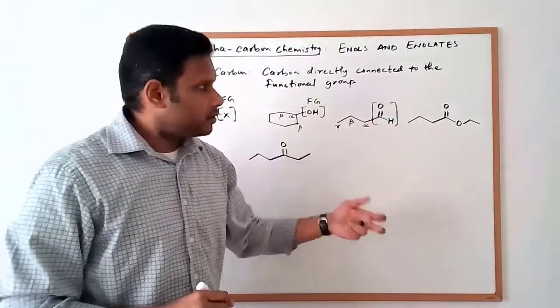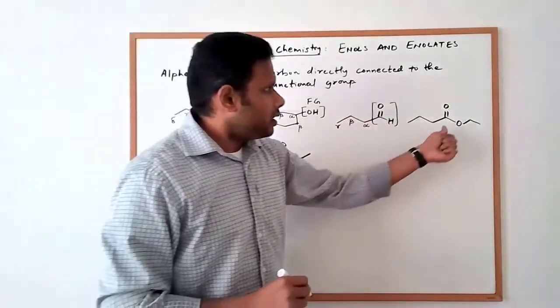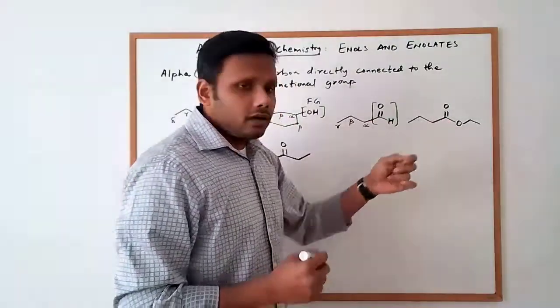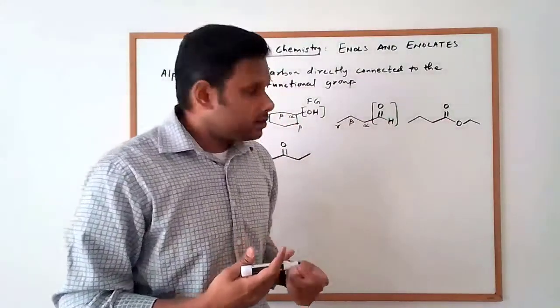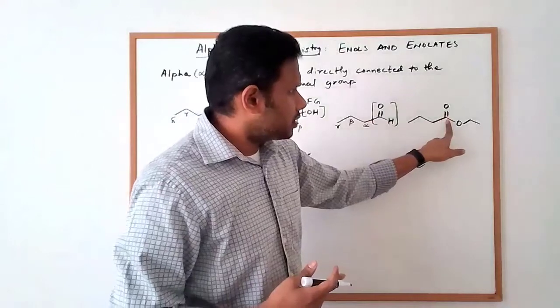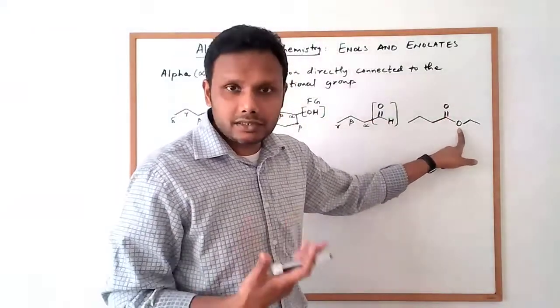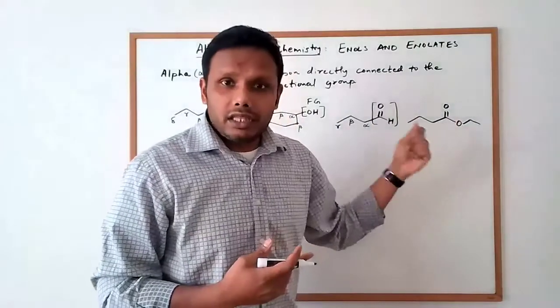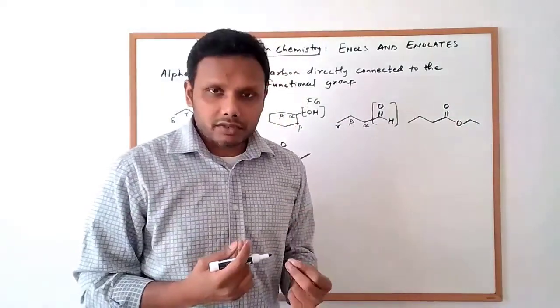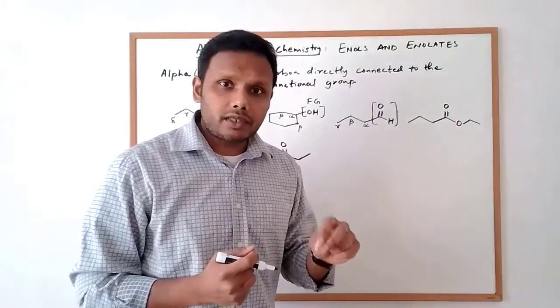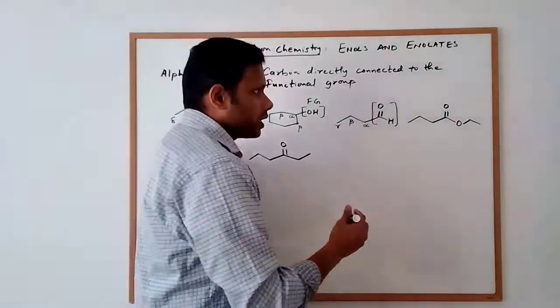For an ester, the same would apply. Now, when it comes to esters, it is easy to get confused here because you might think that there's the acyl carbon, the C double bond O, and there's the ester oxygen, but these are carboxylic acid derivatives. So the focus is always on that acyl carbon or that group.